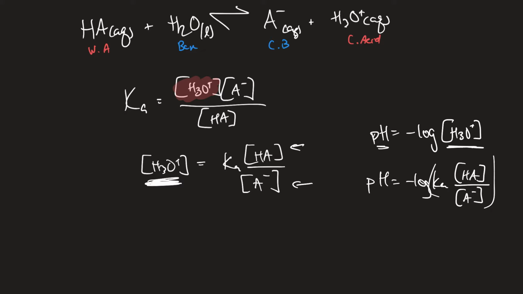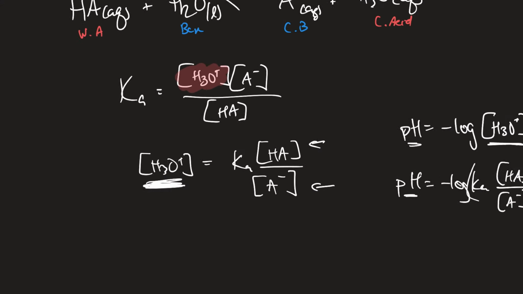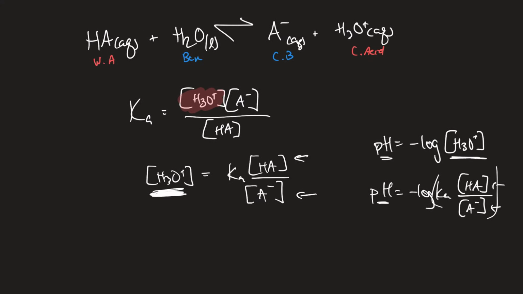So the pH is dependent on these two. If you think about this chemically, if you were to add a base, you're going to decrease the weak acid because it is going to react with the base, and the equilibrium is going to shift to the right.